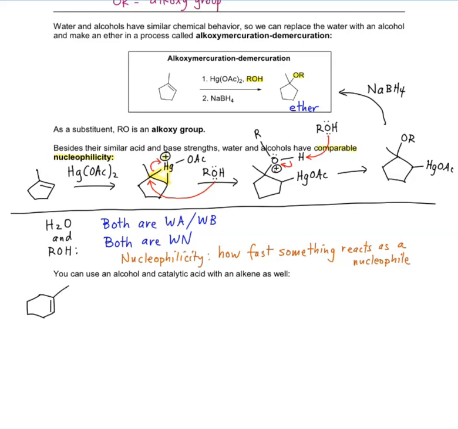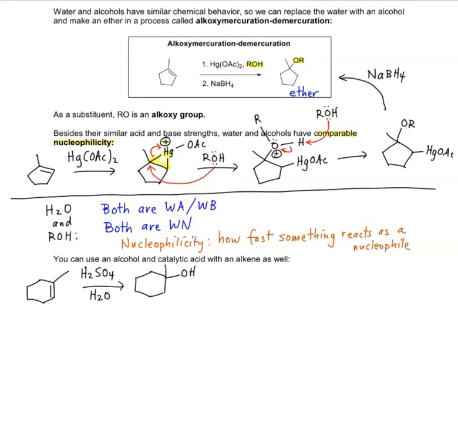Here's an alkene. Treating this with sulfuric acid and water gives us a Markovnikov alcohol. With sulfuric acid and water, we have H3O+.